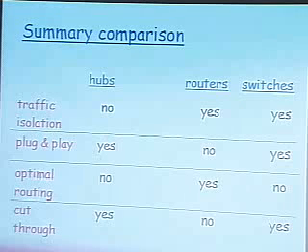If you have thousands of machines on your different networks that you're trying to interconnect, then it's much better to use routers instead of switches. Why is that?